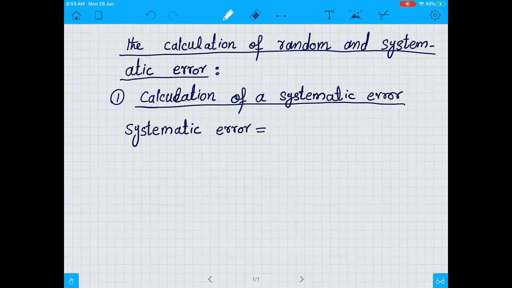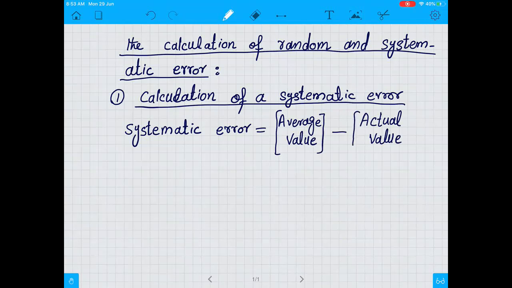Systematic error will always be equal to the average of the data values, that is, we can call the average value minus the actual value. So if we subtract actual value from the average value, then we'll achieve the systematic error.